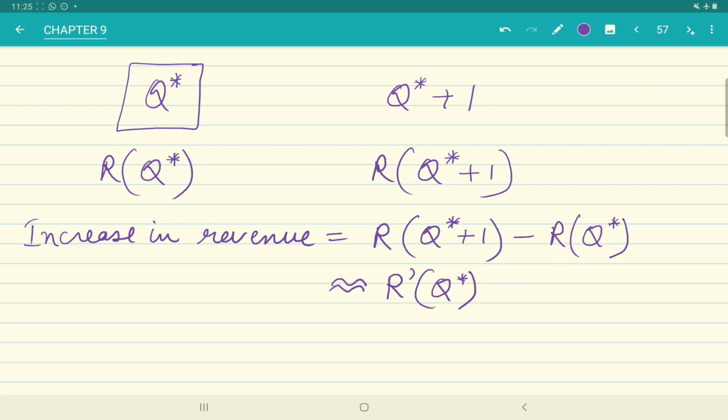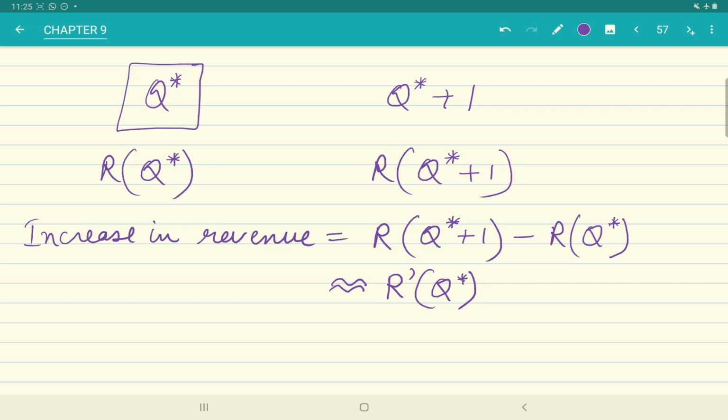So that is why we say that R(q* + 1) − R(q*) is approximately equal to R'(q*). That's the increase in revenue when I increase production from the level q* by 1 unit.